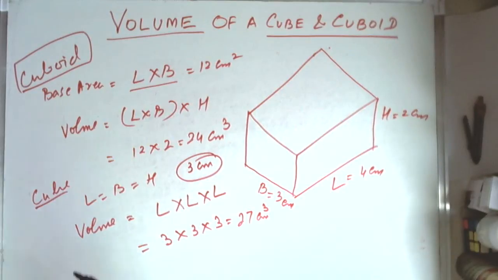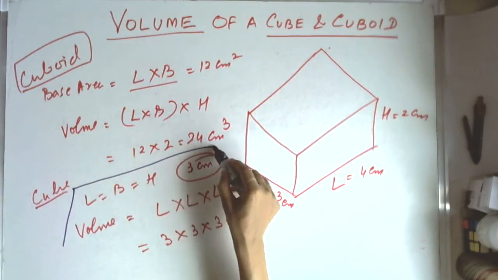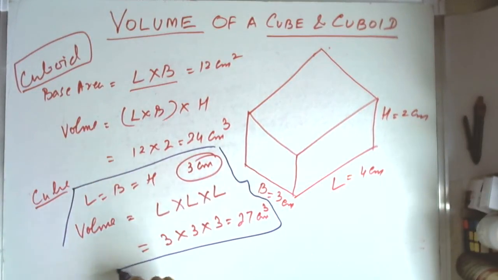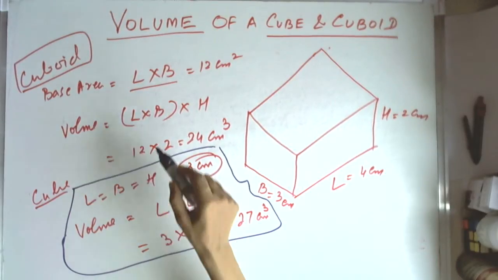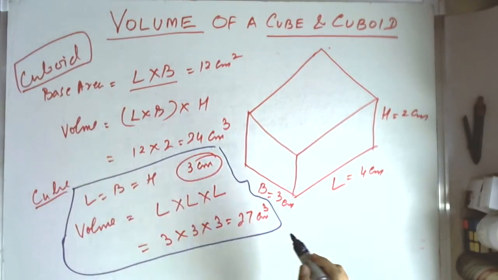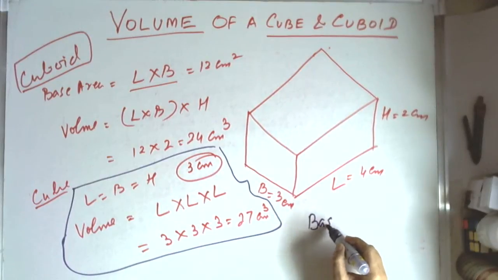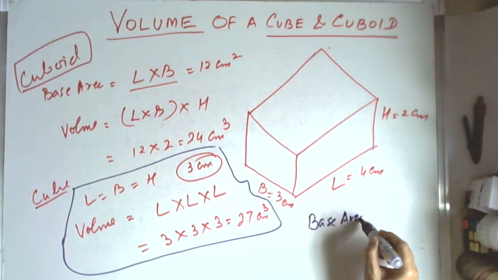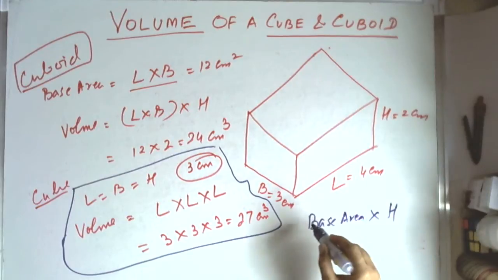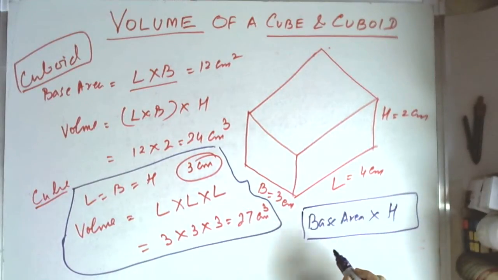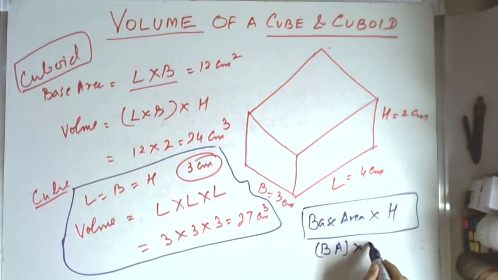So we have seen that the basic formula for volume is base area into height, and base area is length into breadth, therefore the formula is length into breadth into height.